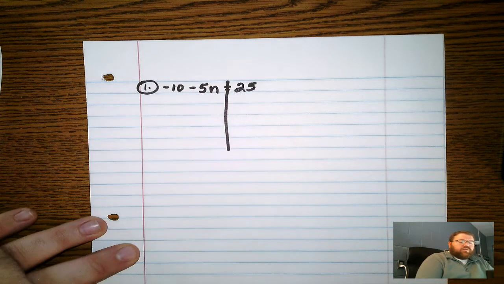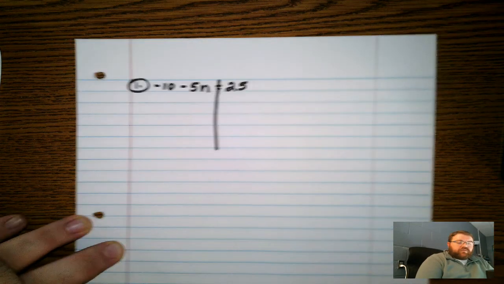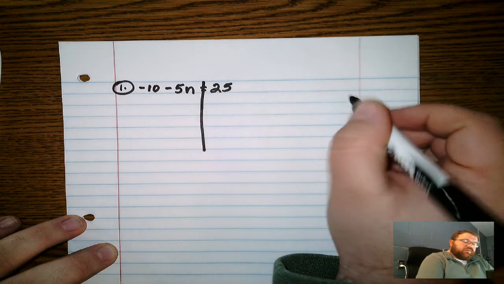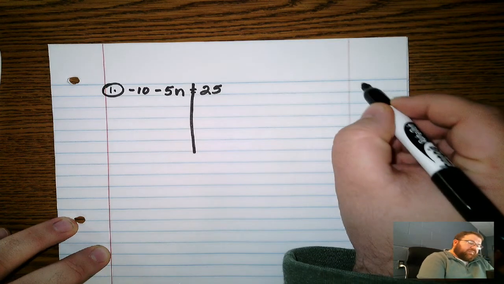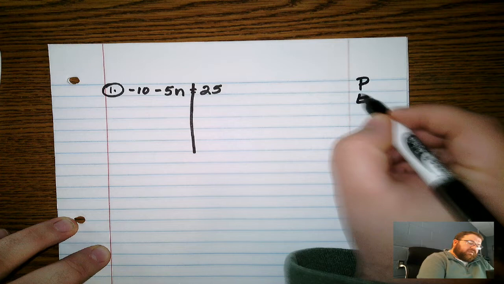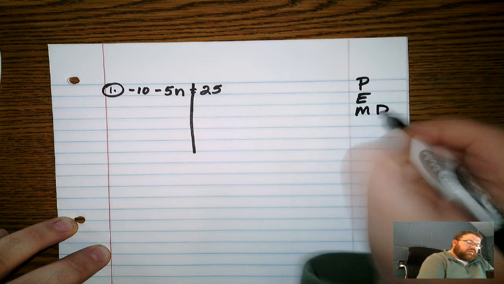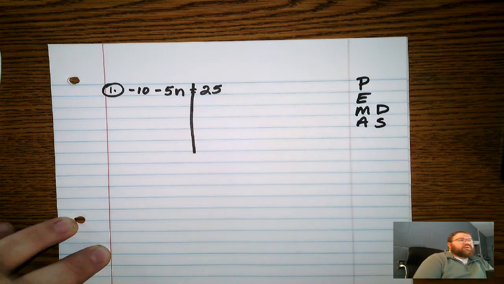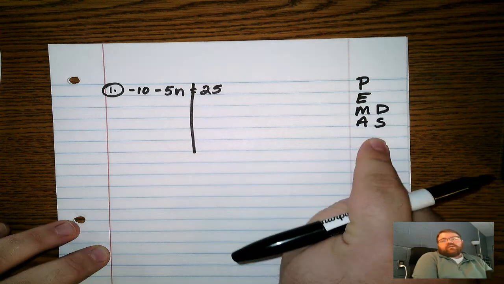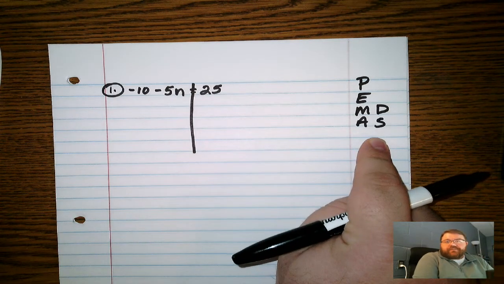So what we want to do is first think of order of operations. Order of operations: we have parentheses, exponents, multiplication and division, addition and subtraction. We follow order of operations to simplify expressions.